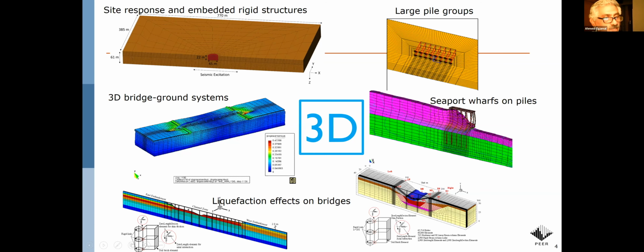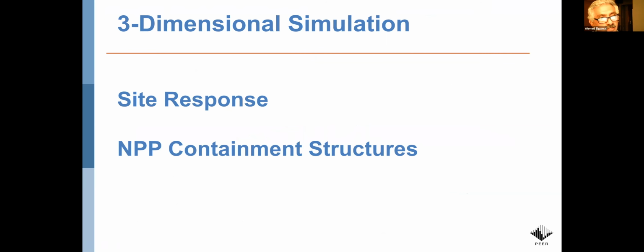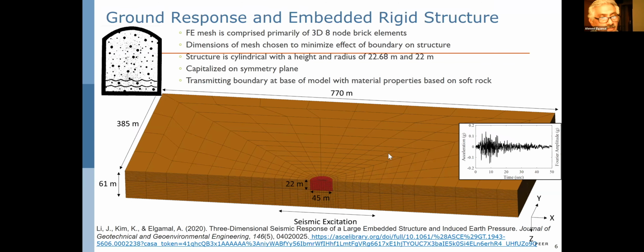So let's look at the nuclear power plant and the site response. As you see here, this is a large ground mesh, about 60 meters in depth and 400 meters by three quarters of a kilometer in dimensions. And the containment structure, as you see here, is embedded in the ground, 22 meters depth by 45 meters width.